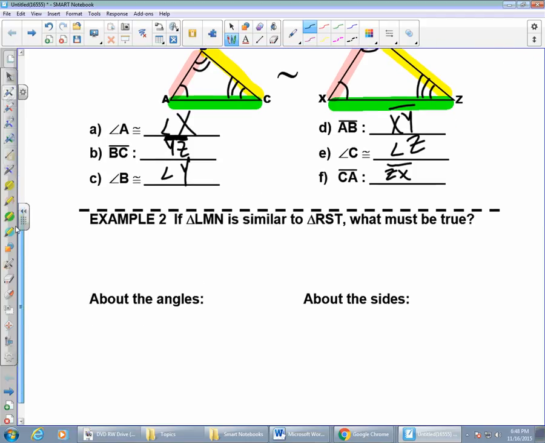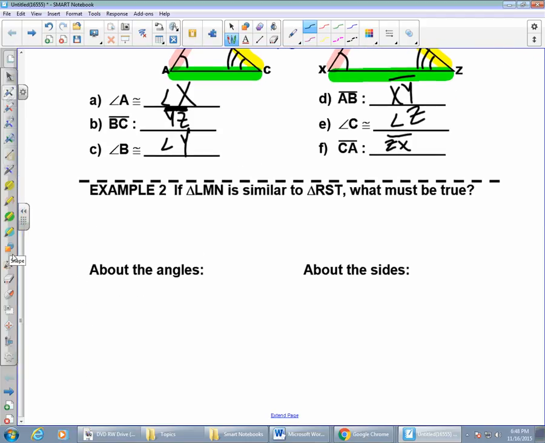So in problem number 2, if triangle LMN is similar to triangle RST, then what must be true? Angle L will be congruent to angle R, angle M will be congruent to angle S, and angle N will be congruent to angle T. An easier way to see this is to write L, M, N over R, S, T, so there's a one-to-one relationship.